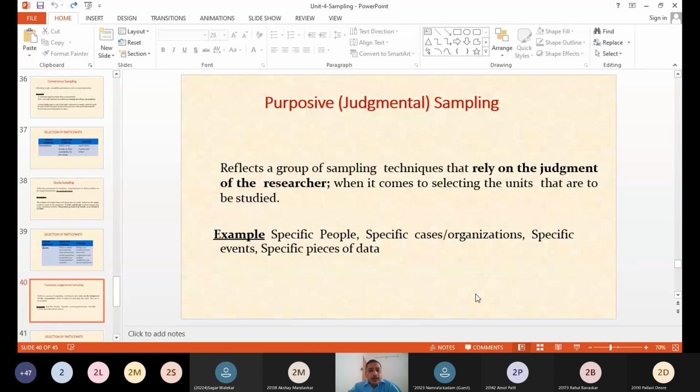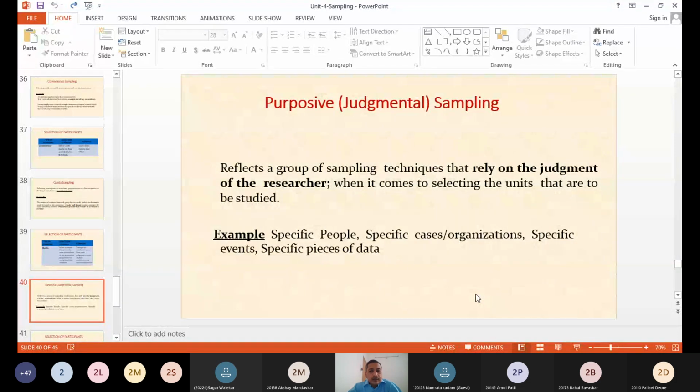Based on his judgment or experience, he may select a few retailers from the total population of retailers, and he will take information from those retailers related to the advertising campaign, how effective it is, and whether it is effective in getting more sales.